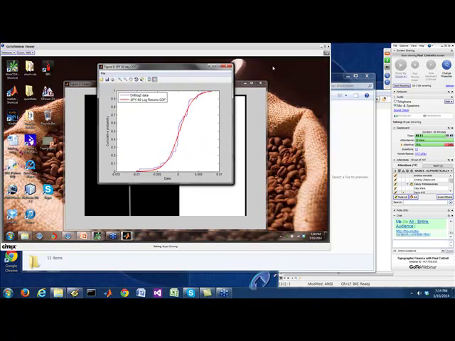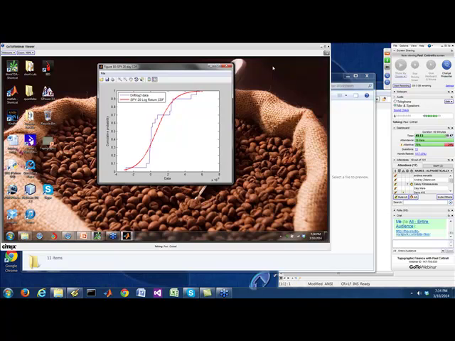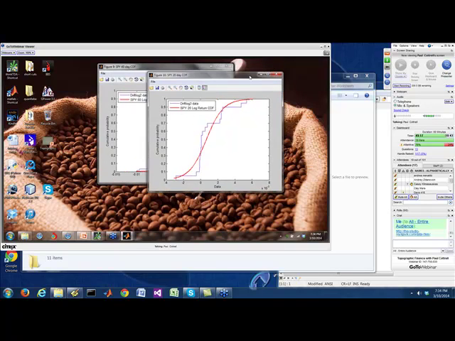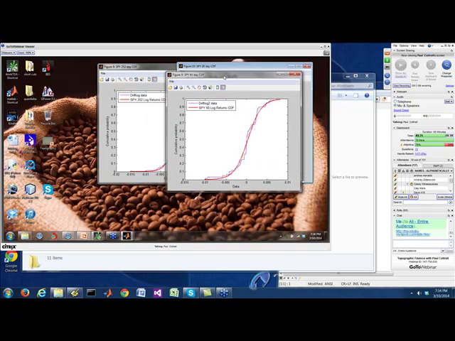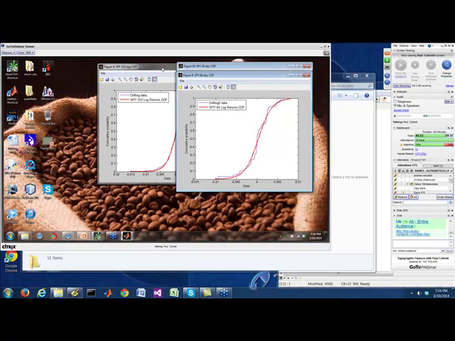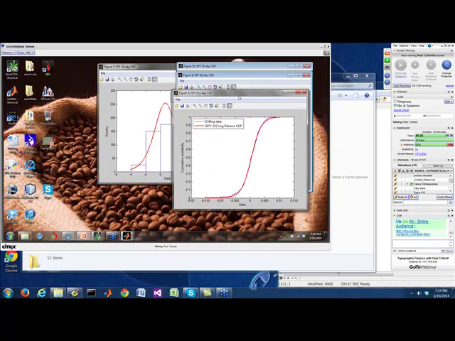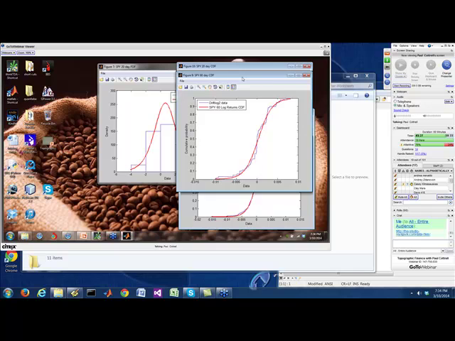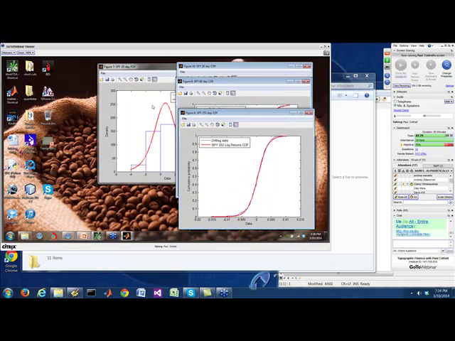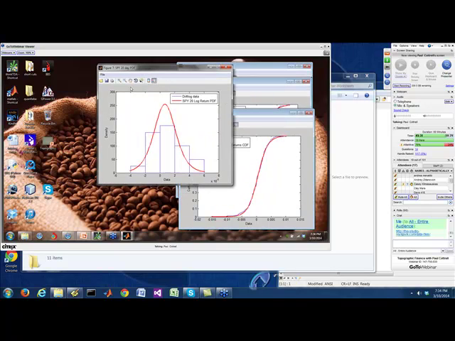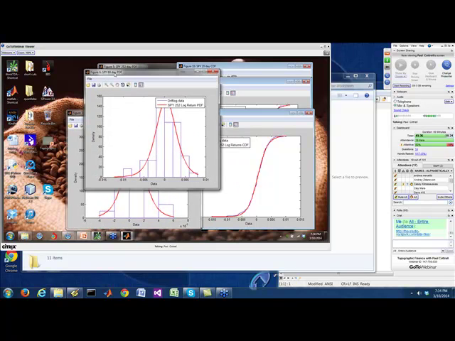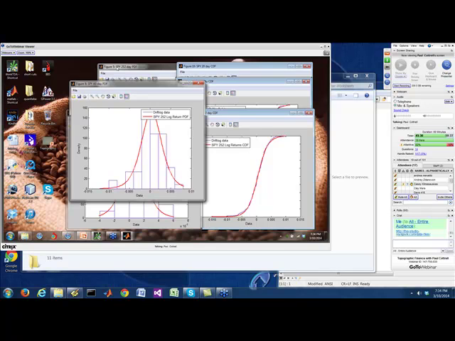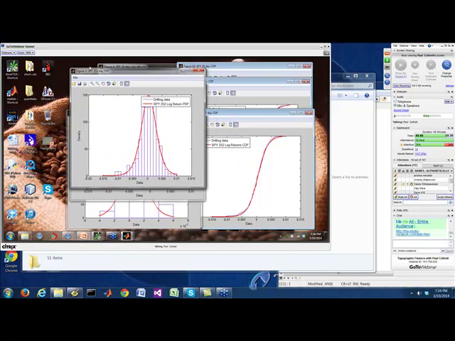Holy moly. Okay, what's happening here is it's generating a lot of curves and a lot of surfaces. It's creating CDFs, or cumulative distribution functions, for different time frames. Besides that, it's producing PDFs, which are probability distribution functions, for the different time frames.